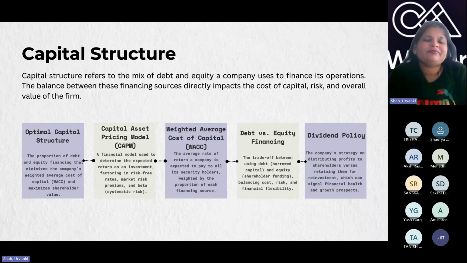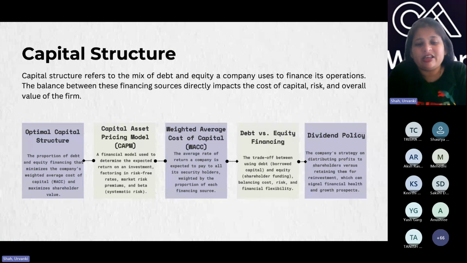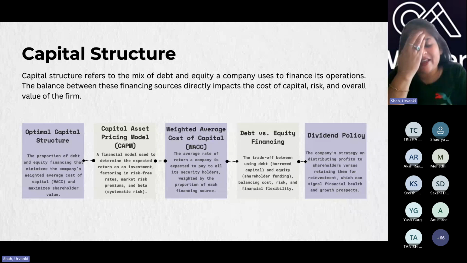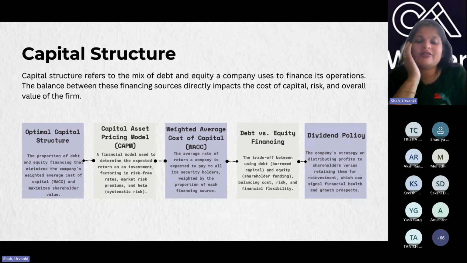So there are certain models which have been defined to identify the right asset pricing. One of those is CAPM, which considers factors like market risk, risk beta or the premium, or the systematic risk as we call it.